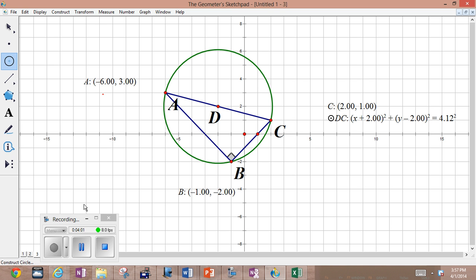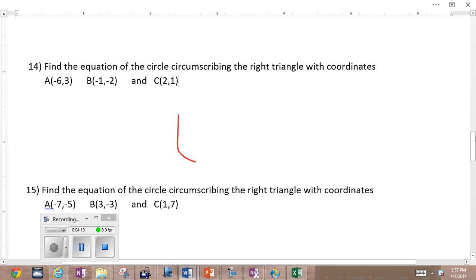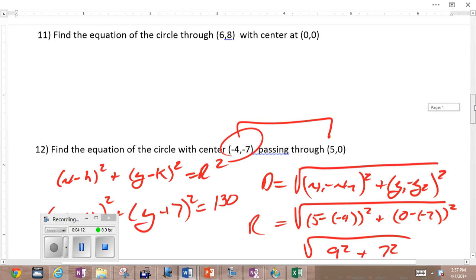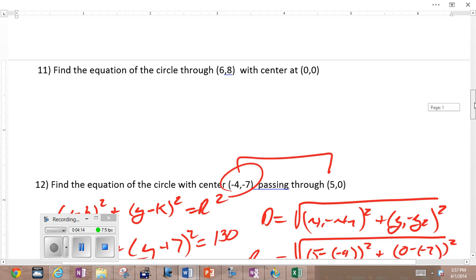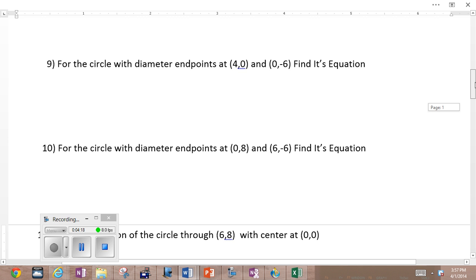It's also the diameter of the circle. So in essence, it's really not any different than the problems that were asked earlier on this worksheet, which we had an earlier video on, something like number 9 and 10, the circle with the diameter endpoints.